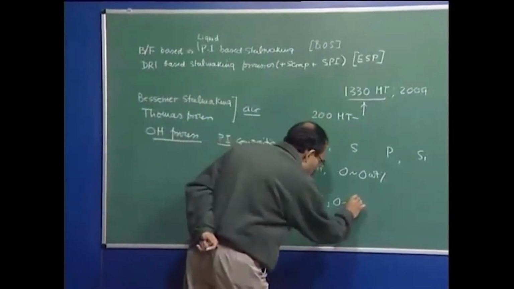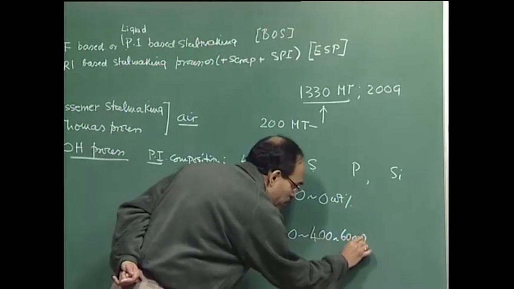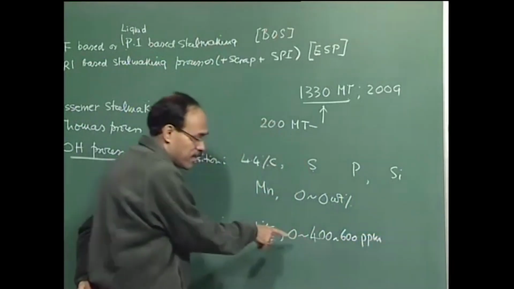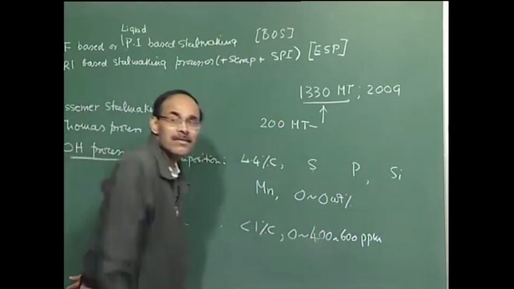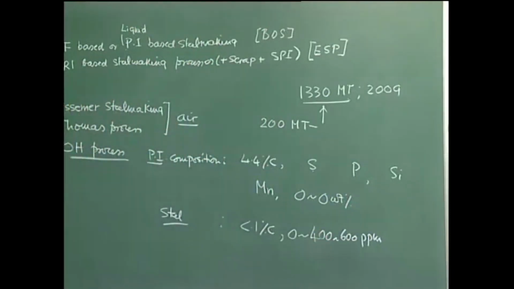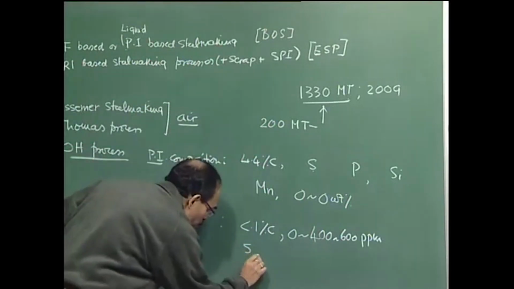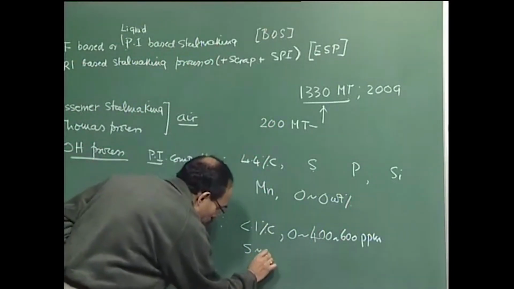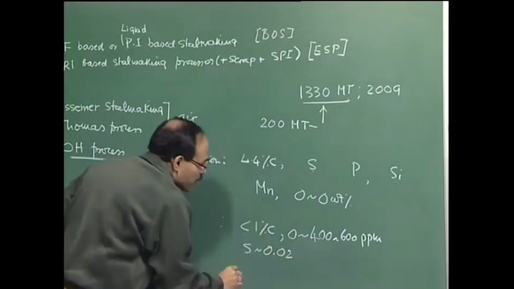So, we can have say 400 to 600 ppm oxygen, and as I said, this is no sacrosanct value. This will depend on your operating conditions. Now, sulfur and phosphorus can be got down to 0.02 in the primary steel making process.